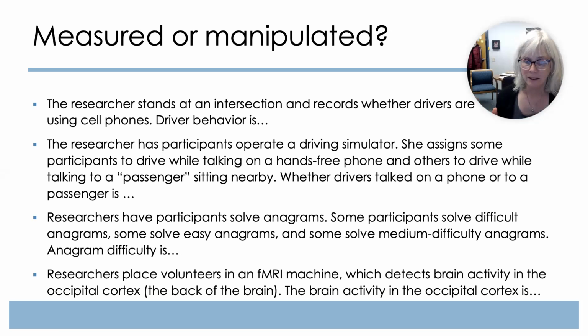And finally, researchers place volunteers in an fMRI machine, which detects brain activity in the occipital cortex, so the back of the brain. Brain activity in the occipital cortex is measured or manipulated. Which are you doing?